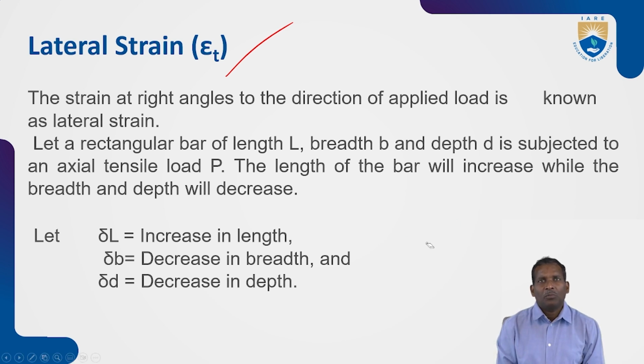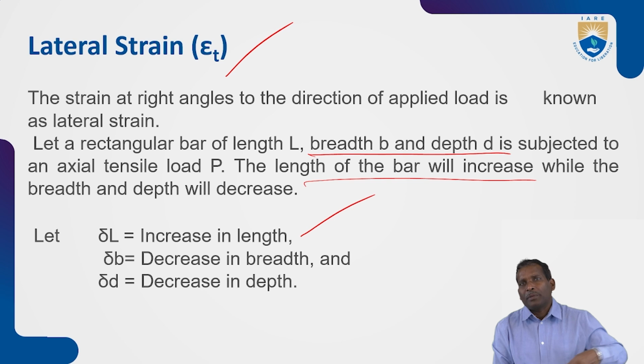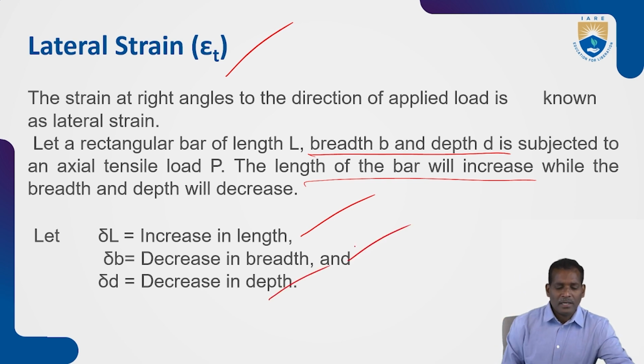Let a rectangular bar of length L, breadth B and depth D be subjected to an axial tensile load P. The length of the bar will increase while the breadth and depth will decrease. Let delta L be the increase in length, delta B the decrease in breadth, and delta D the decrease in depth.